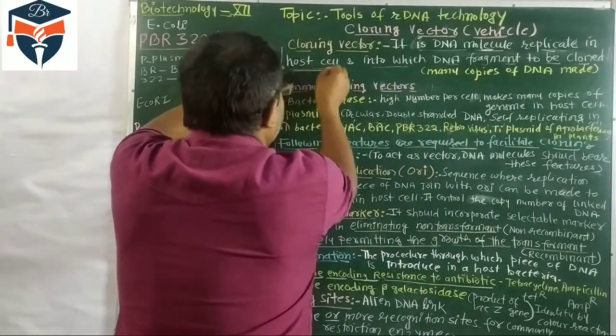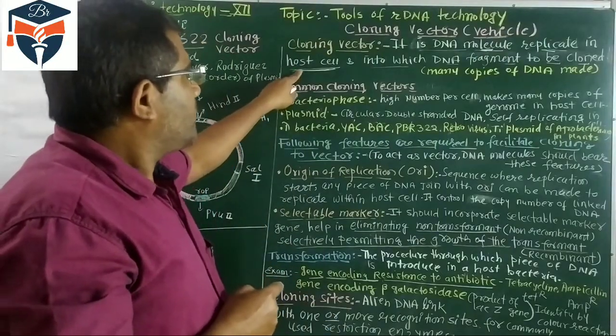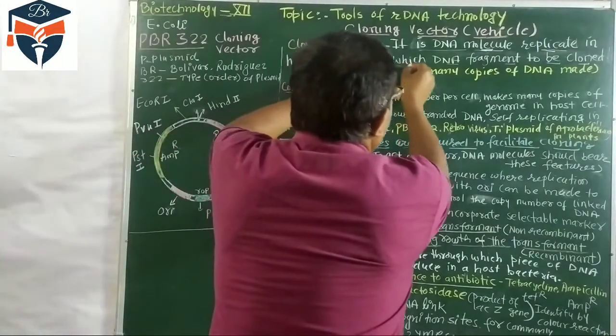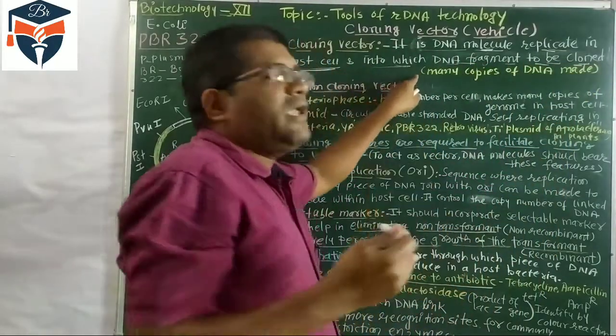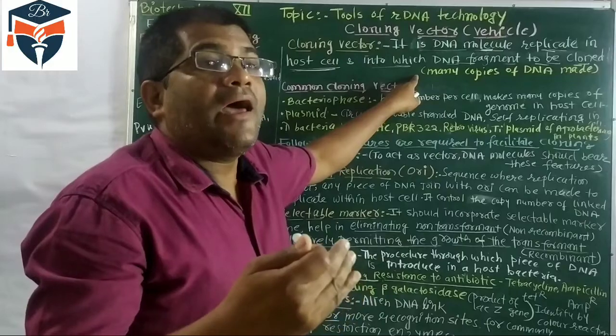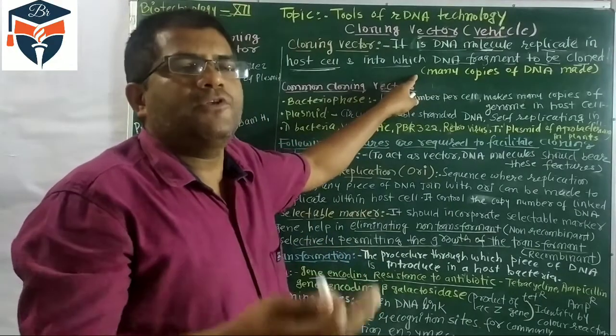So the cloning vector is the DNA molecule which replicates in the host cell and into which the DNA fragment to be cloned is inserted, meaning many copies of that DNA are made.